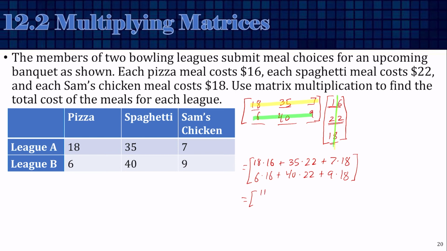Get 1184 and 1138, which means the top one is League A, and they are going to have to pay $1,184. League B is going to have to pay $1,138.